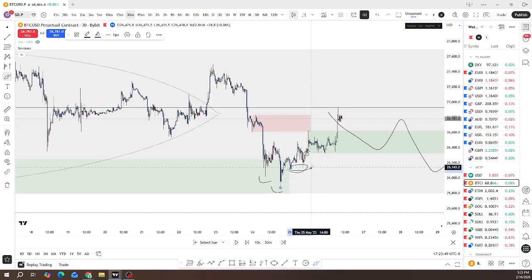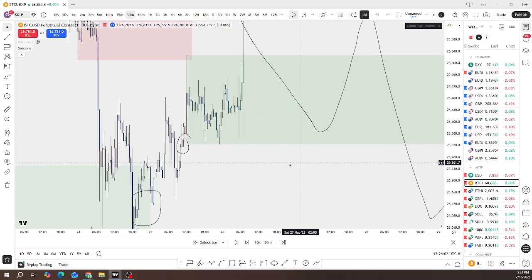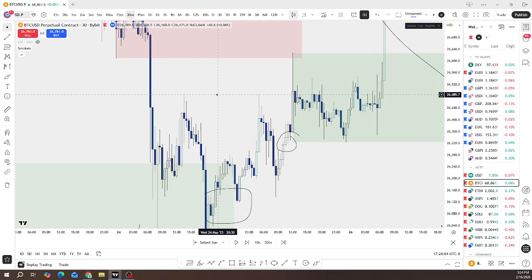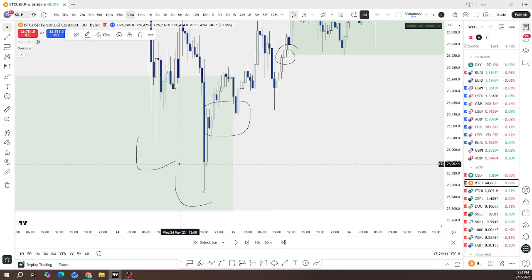Yeah, these aren't the best, but extreme demand mitigation. We put an equal highs there too. Nice liquidity to target up for. Nice local pivot.